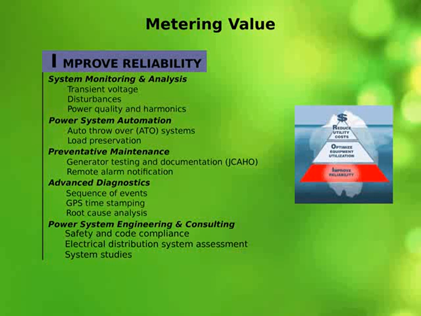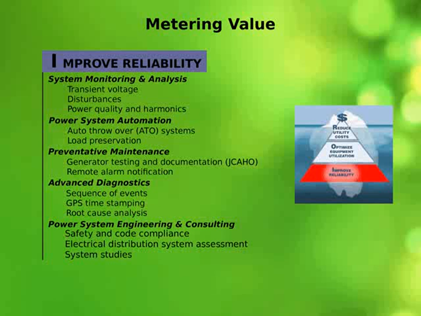And obviously, as it's depicted in the picture with the iceberg, this is where some of the biggest savings can occur. So really, when we talk about the value of metering with the three pillars, as you look at the iceberg, as you drive deeper and deeper into that iceberg, the amount of savings potential improves.